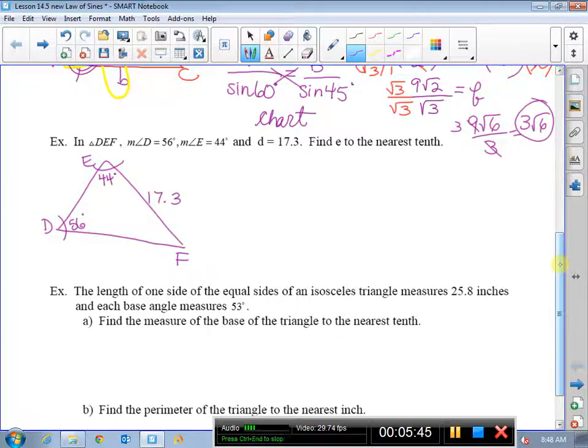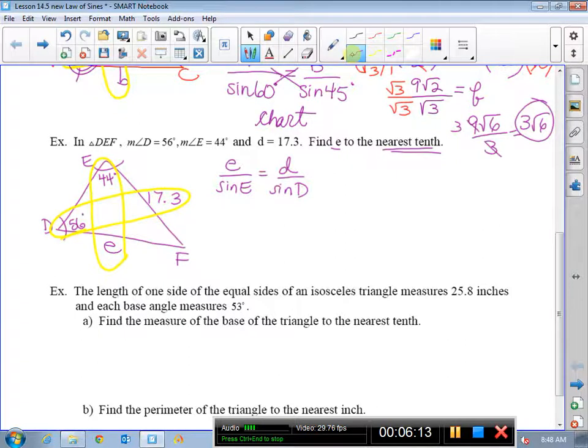Find side E to the nearest tenth. So we're looking for this. We have a side across from an angle, and we're looking for a side across from an angle. So there's our crisscross. So we know side E is to the sine of angle E, as side D is to the sine of angle D.